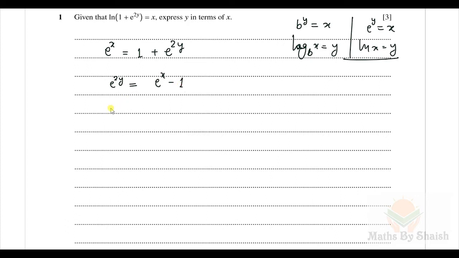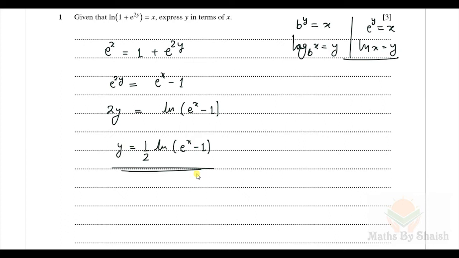And hence again we are going to use this definition. So we will get 2y is equal to ln(e^x minus 1). So y becomes 1 upon 2 ln(e^x minus 1). So that's y in terms of x. I hope it is clear.